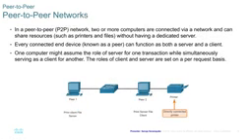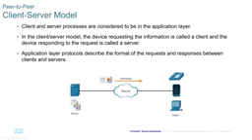Peer-to-peer networks, also known as P2P networks, have two or more computers that are connected via a network and can share resources such as printers and files without having a dedicated server. In the previous model, we had a dedicated server doing the role of server to end clients.